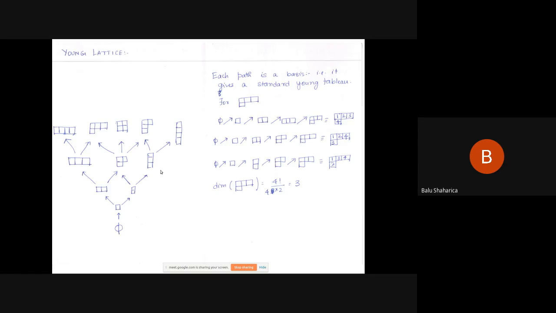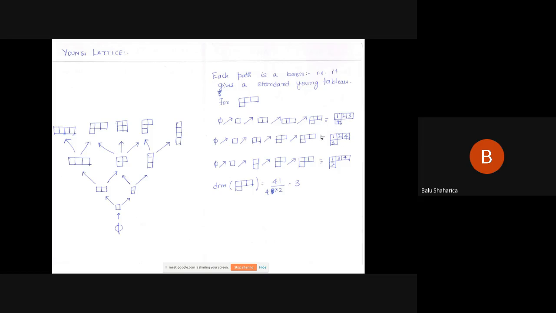And we can also get the standard Young tableau by writing like so. We added this box first, so we write 1, and we added a box next to it, so that box becomes 2. Next to 2 we added the third box, so that's 3, and the last is 4.